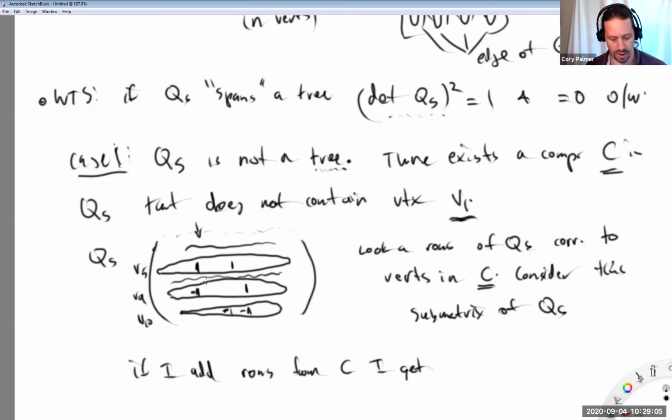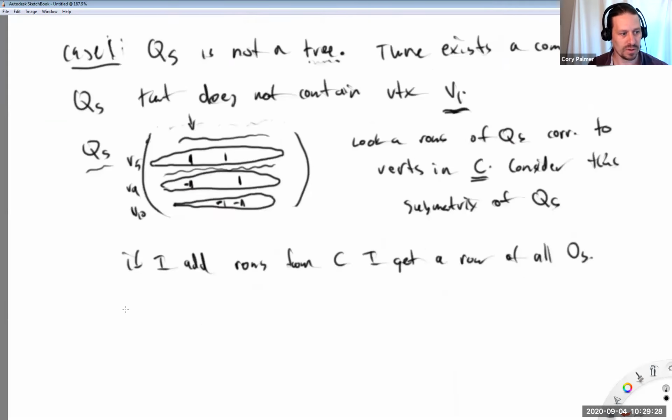So if I add the rows from C, I get a row of all zeros. If you do row addition in a matrix and you end up with a row of all zeros, what does that tell you about that matrix, Q of S itself? If it's not full rank, then it has determinant 0.